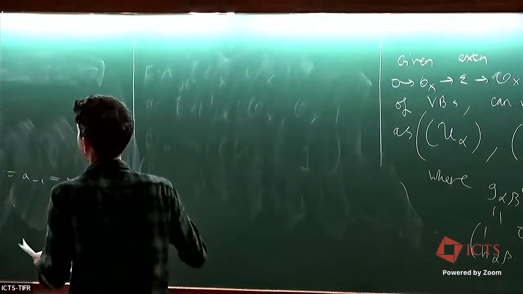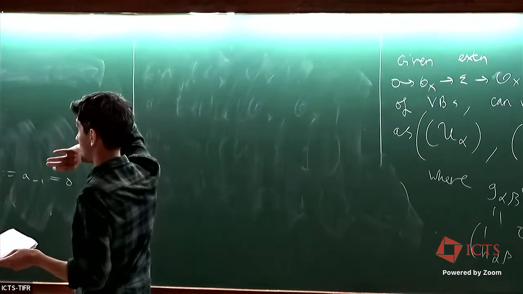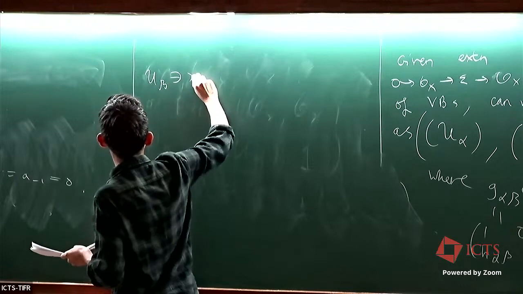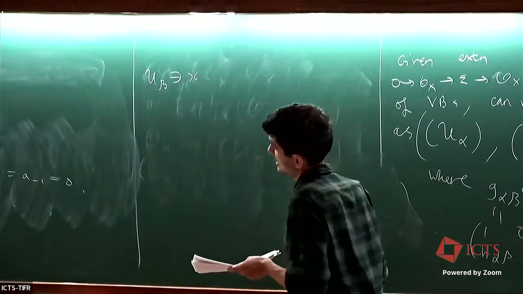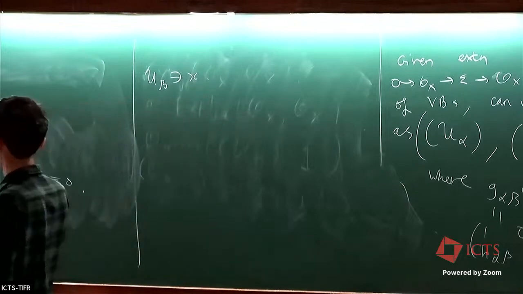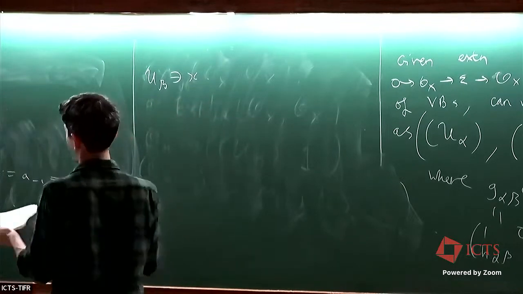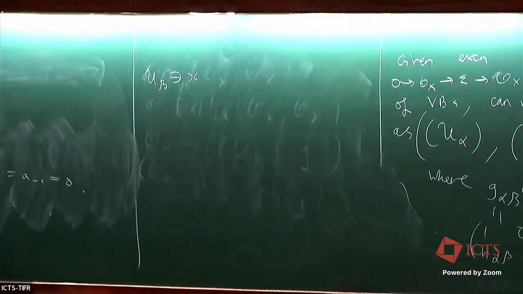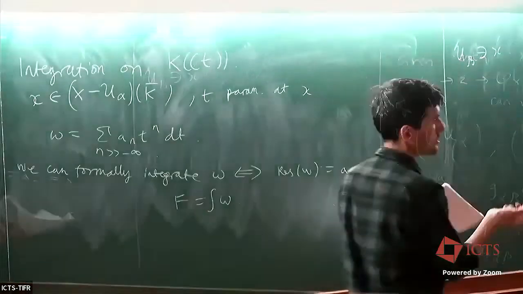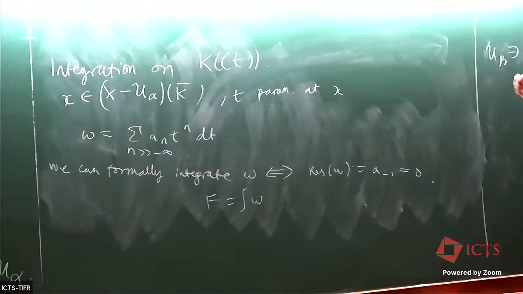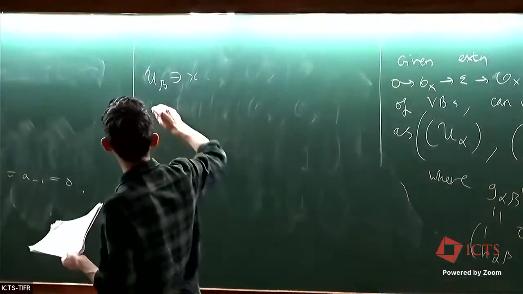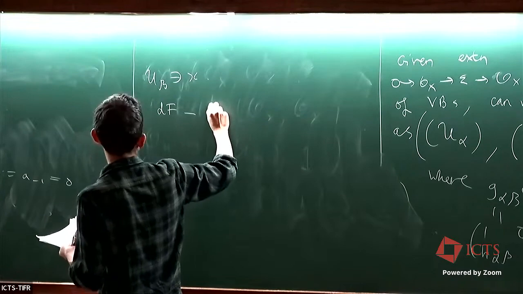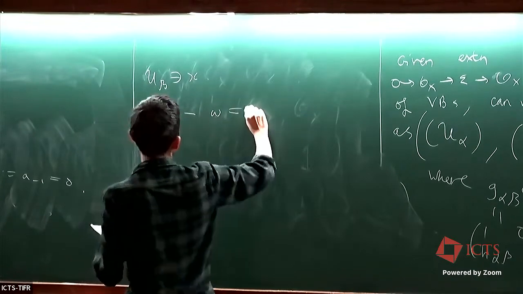Well, we'd like to say that we choose some open U beta which contains x. So for example, suppose that we could formally integrate omega, let's say that f is the integral of omega, and suppose f was a function on U beta. Then we'd have that df minus omega was equal to 0.